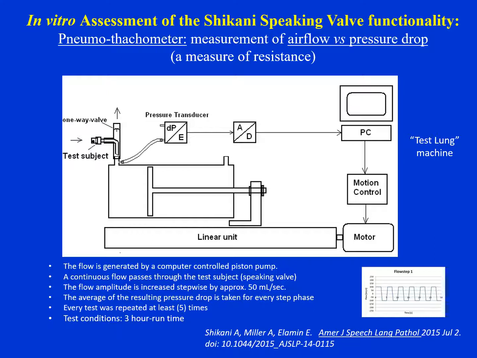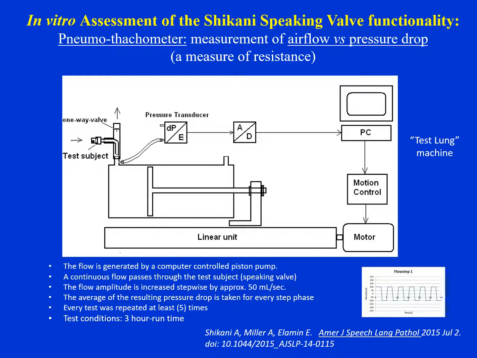An in vitro assessment of the Shikani speaking valve functionality was done using a pneumotachometer or a test lung machine in order to measure airflow versus pressure drop, which is a measure of resistance.